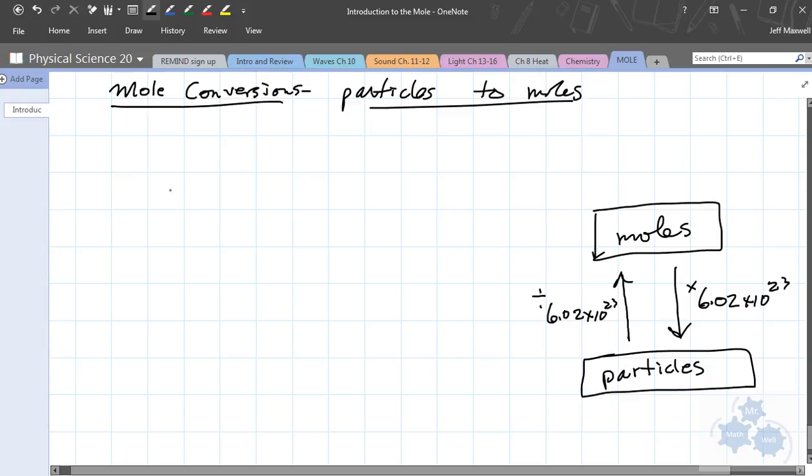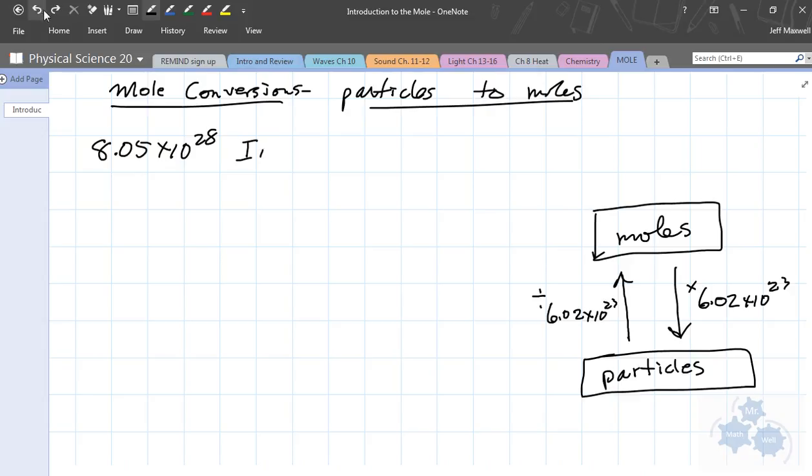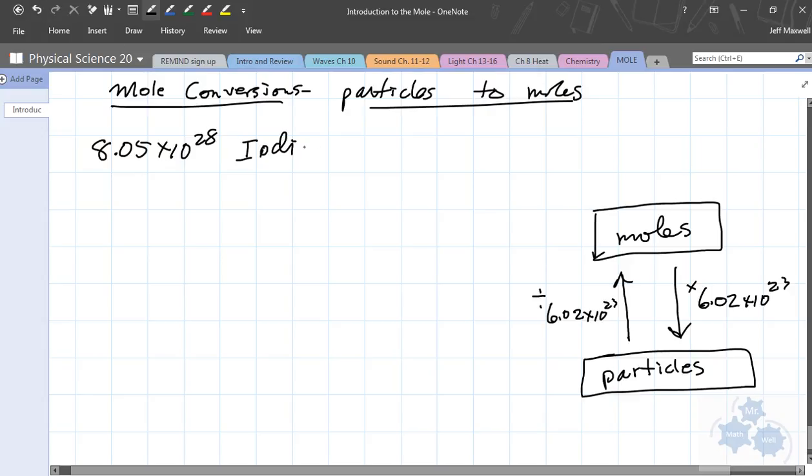Let's say this one. Let's say we have 8.05 times 10 to the 28 iodide ions. Okay? And of course that is I negative, okay? Iodide ions. And I want to find out how many moles, okay? Convert to moles.